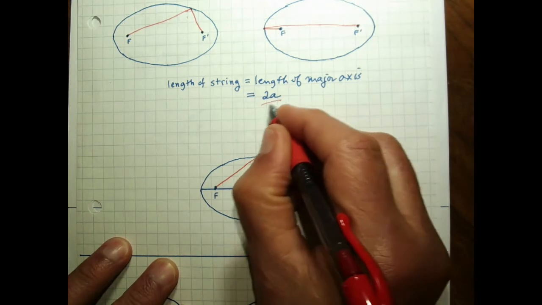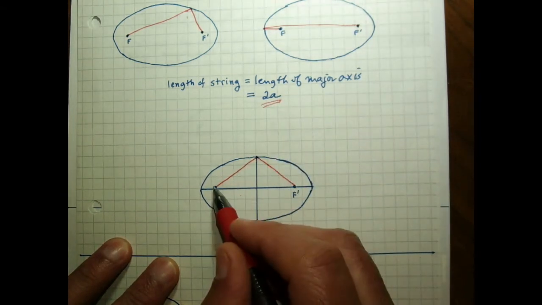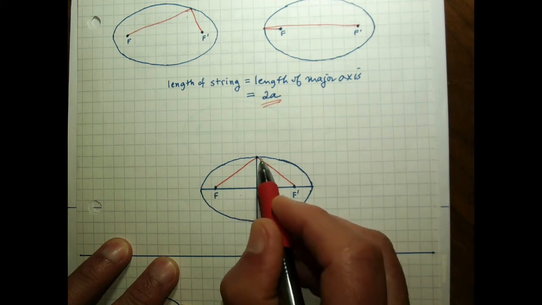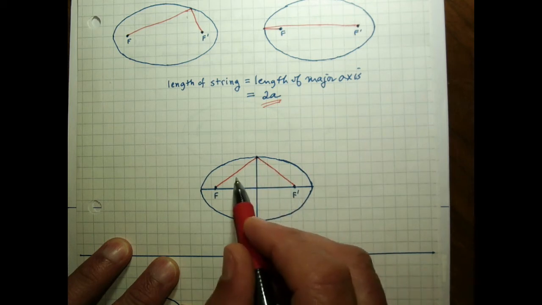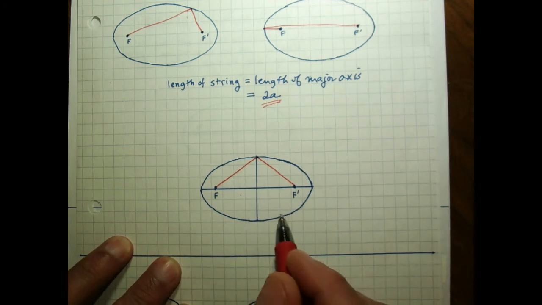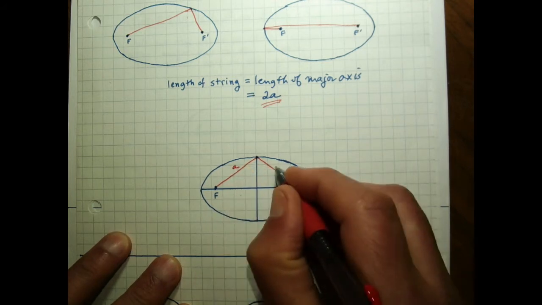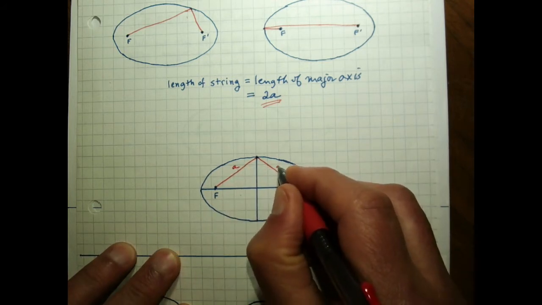Because the length of the string is 2A, when the string is stretched out in this position, this piece and this other piece here have to have exactly the same length. There's a certain congruence in this picture, a certain symmetry. And since the total length of the string is 2A, this is A, and this is also A here.